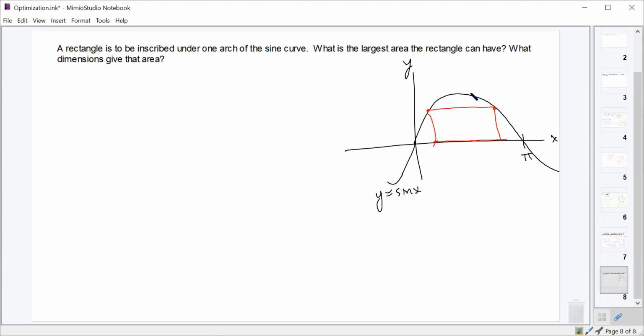We know that sine curves are symmetric, right? Like this arch of the curve is the same from here to pi over 2. This part is the same as this part, just a mirror image of it. So we know that this distance here should be equivalent to this distance here. And what is the distance from here to here?